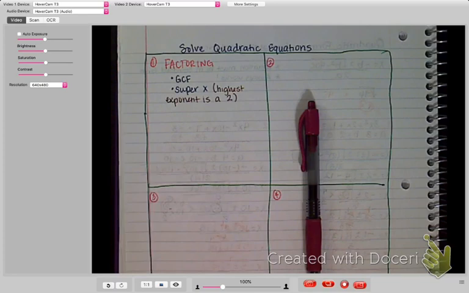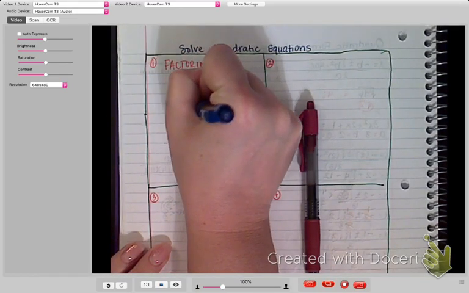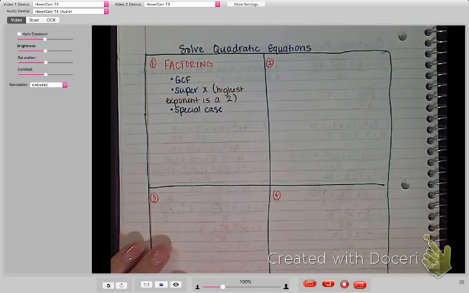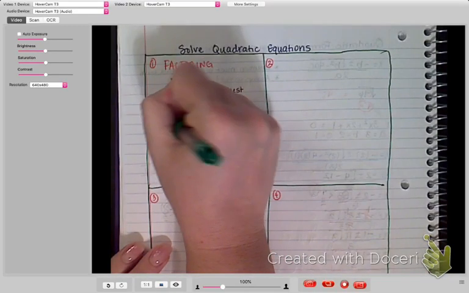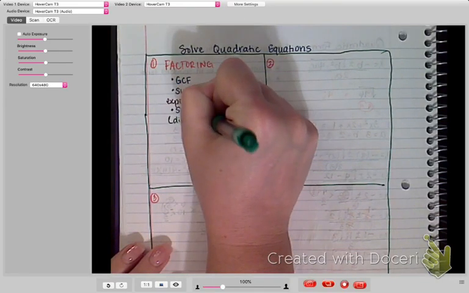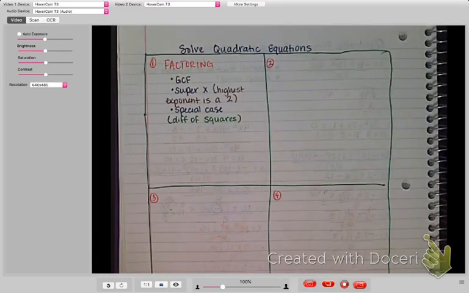So if you pull out a GCF and there's no longer an exponent of 2, you have to stop. In some cases, there will be special cases that you can use. Mainly we focused on difference of squares. If you notice a difference of squares, you can use the special case for that.